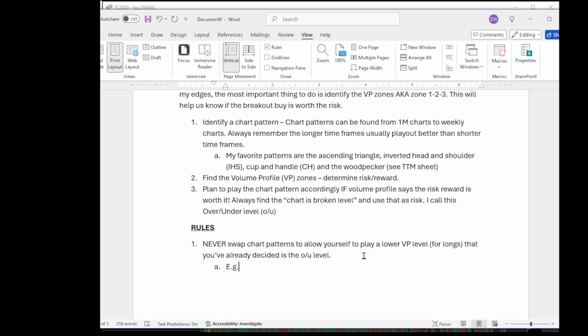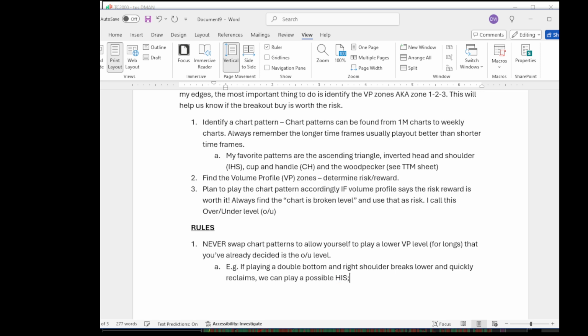Okay, so example given: if playing a double bottom and right shoulder breaks lower and quickly reclaims, we can play a possible inverted head and shoulders.